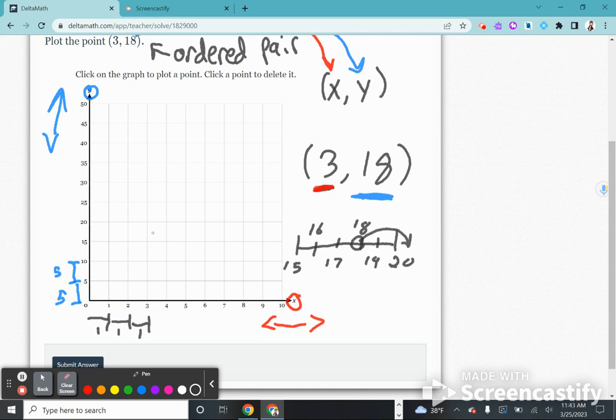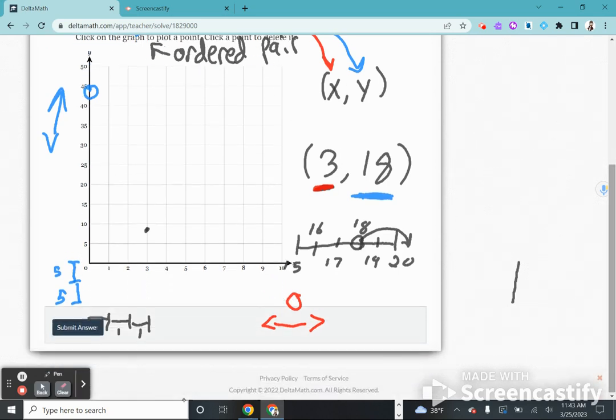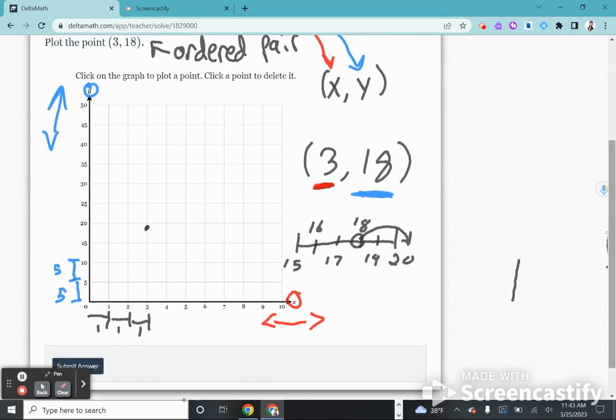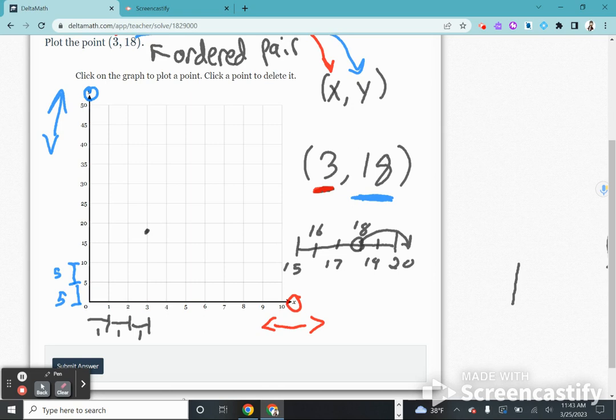So if we try to put this point on our graph here, we know that we're looking on that 3 line, and it's going to be somewhere a little bit closer to 20 than it is to 15. So we would go into plotting our point, and that's how we would do it. Okay? So you just got to kind of be careful, right?